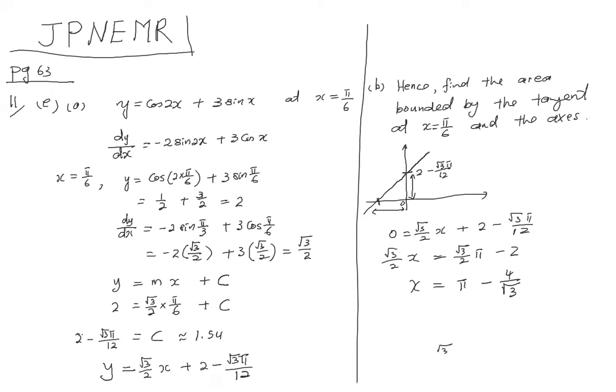Root 3 pi over 12 divided by root 3 over 2. Okay, so divide by 6, correct? Am I right? Hello? So it should be negative, correct?